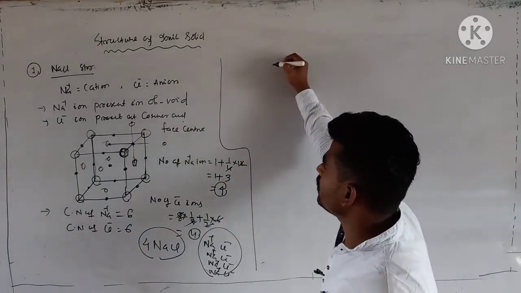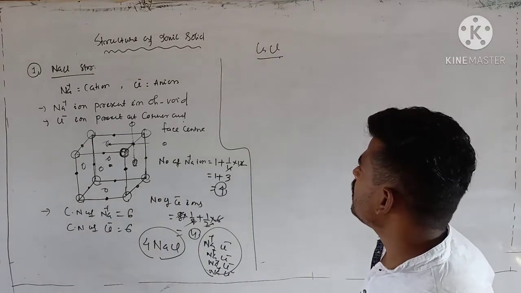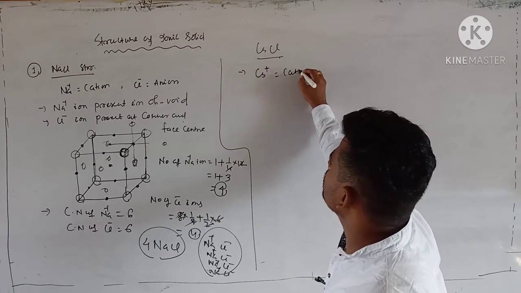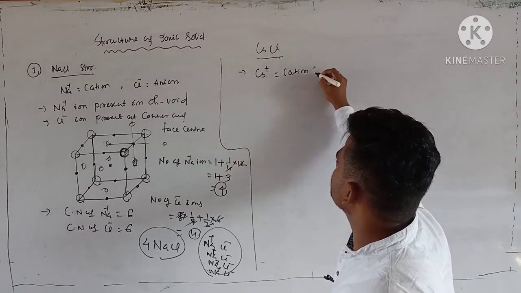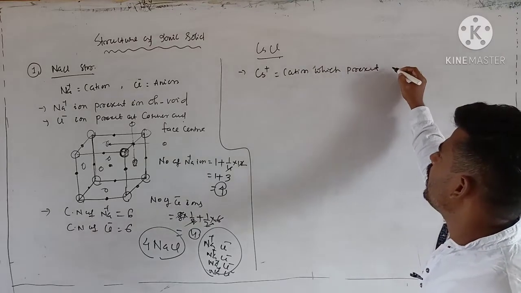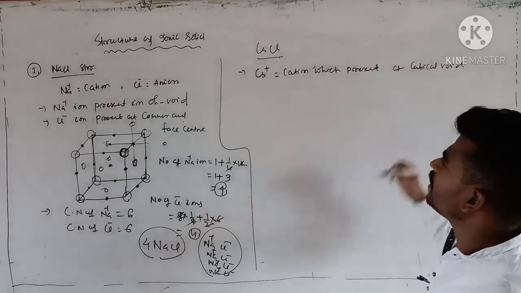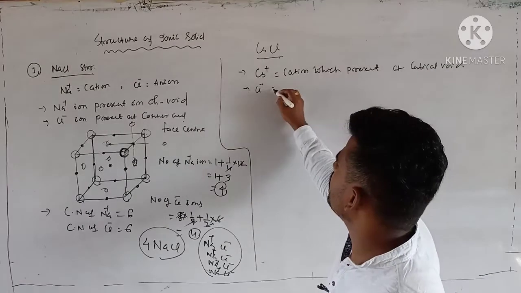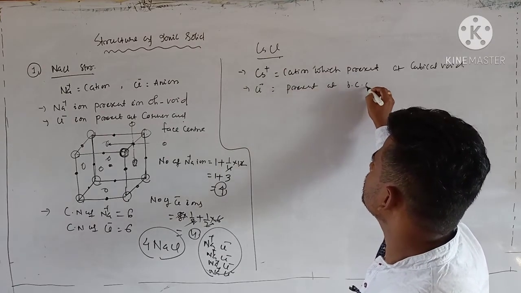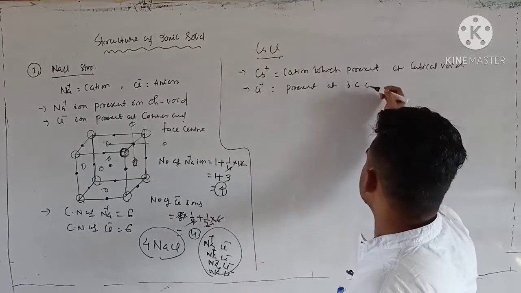Next I need to discuss cesium chloride, CsCl. The cation is Cs plus, present at the cubical void, and Cl minus is present at BCC, a body centered structure.